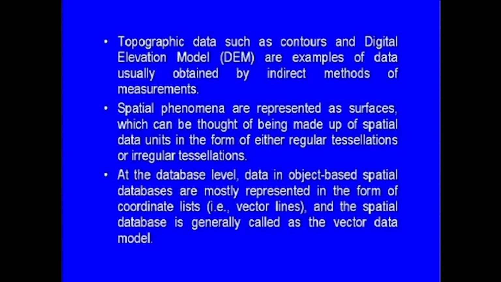At the database level, data in object based spatial databases are mostly represented in the form of coordinate lists, that is vector lines, and the spatial database is generally called the vector data model.